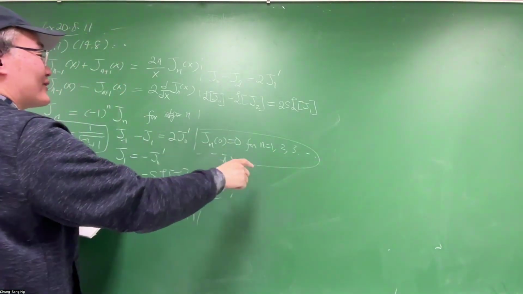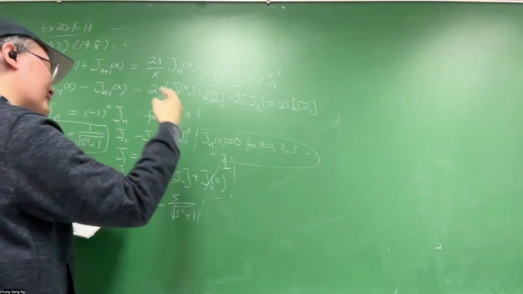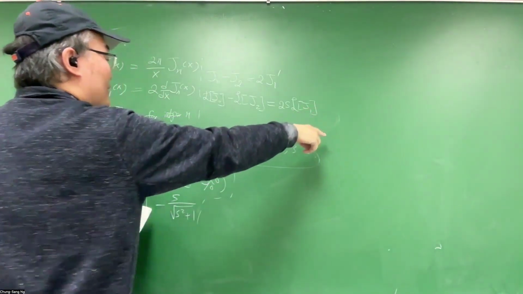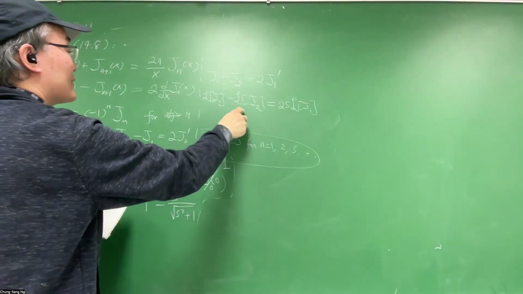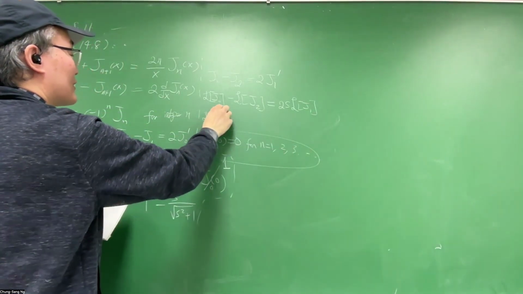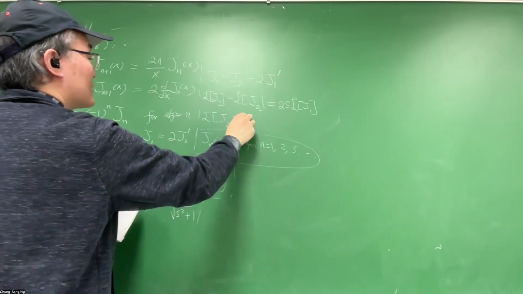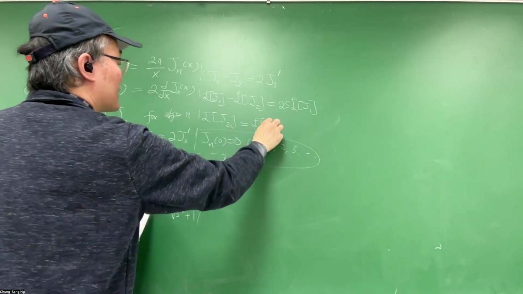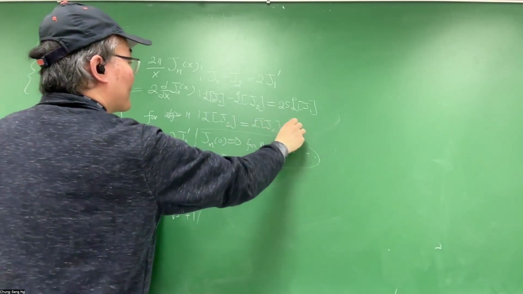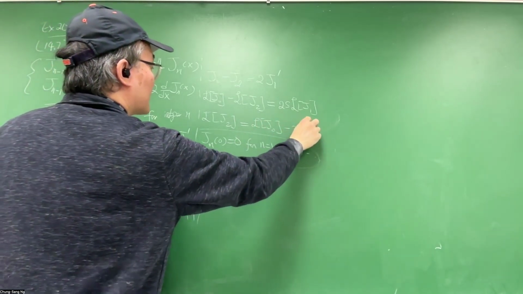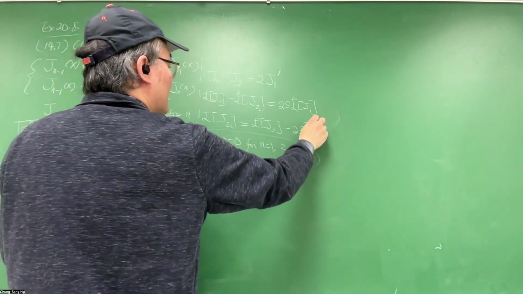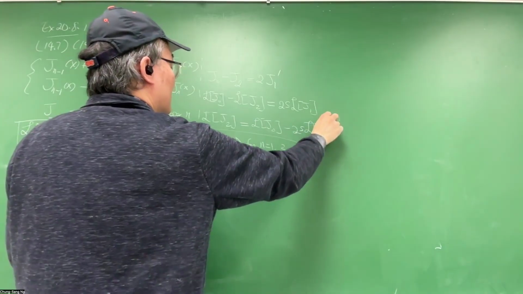So there are quite a lot of properties of the Bessel function. You don't have the other term over here. So finally the Laplace transform of J sub 2 is the Laplace transform of J sub 0 minus 2s times the Laplace transform of J sub 1.